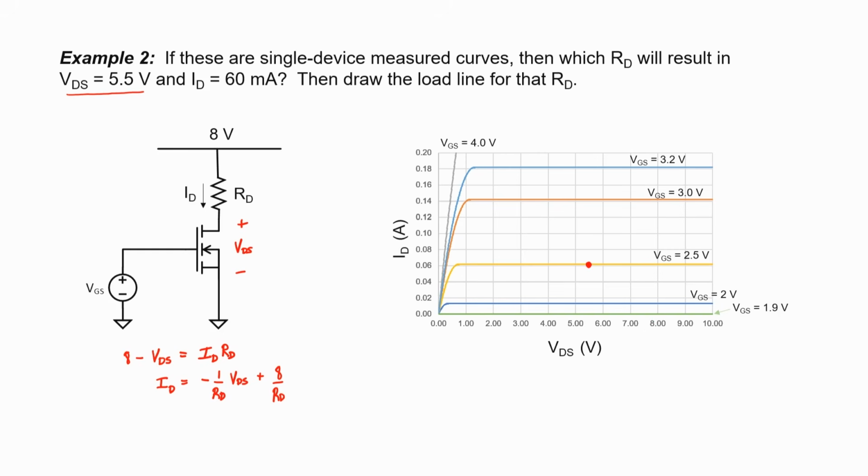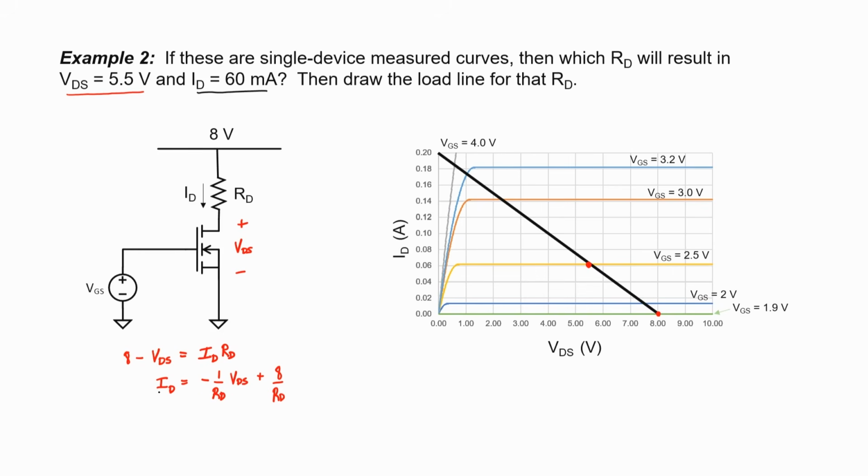If the transistor is fully off, then the drain source voltage ought to be 8 volts. This means that no current is flowing, and the full power supply voltage appears across the MOSFET. We can connect these 2 points together to give us our load line. The equation that I've just written down is in fact the equation of this line.